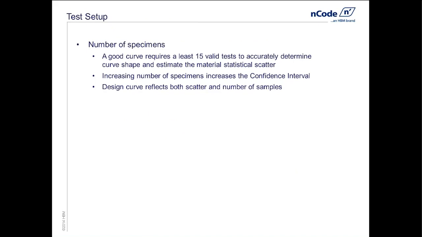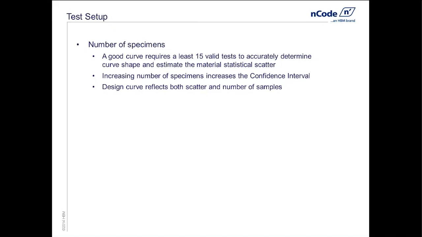When we set up the test, one of the first decisions we have to make is the number of specimens. And basically, to get a good baseline curve, you need a minimum of at least 15 specimens. That's going to allow us to accurately determine the curve shape and the scatter within the material.